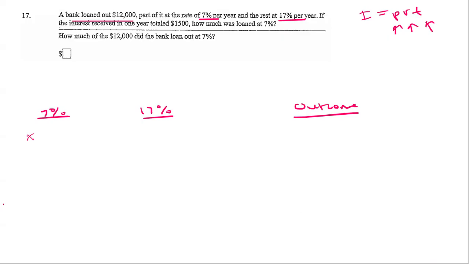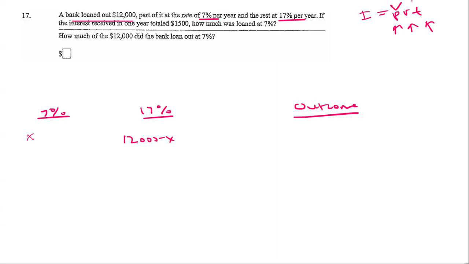Whatever I put in here, the rest will go into 17%. So in this case, I would put 12,000 minus X, right? If I put 5,000 in here, there will be 7,000 in this one. It'll be 12,000 minus 5,000. Okay? So that's going to be my P, the principal or the amount borrowed.